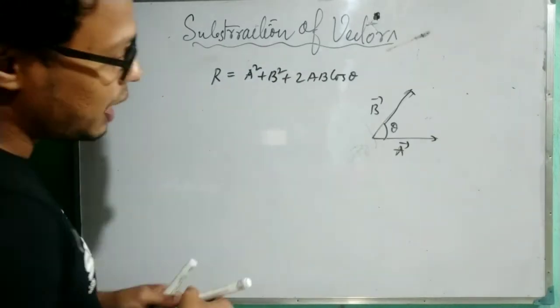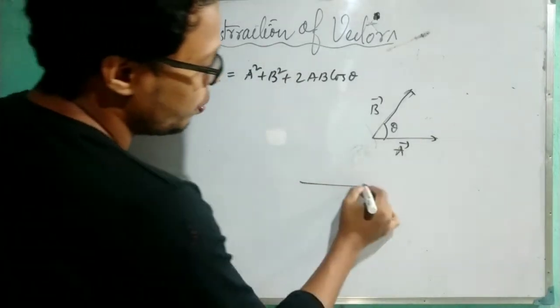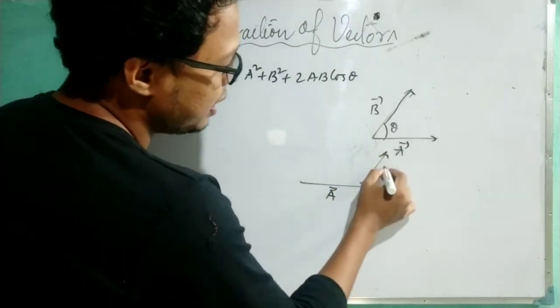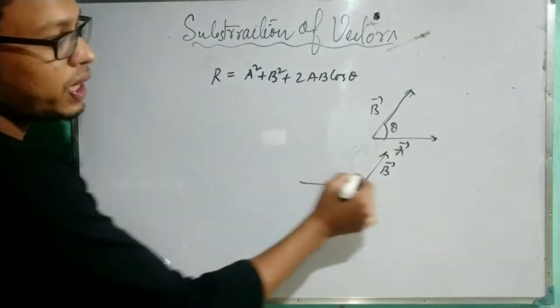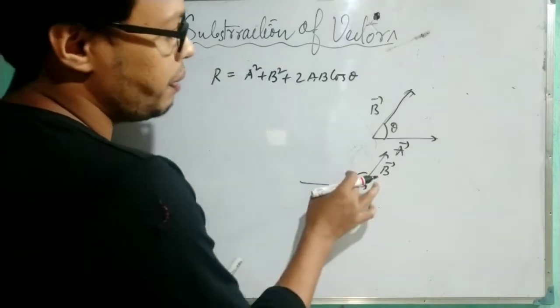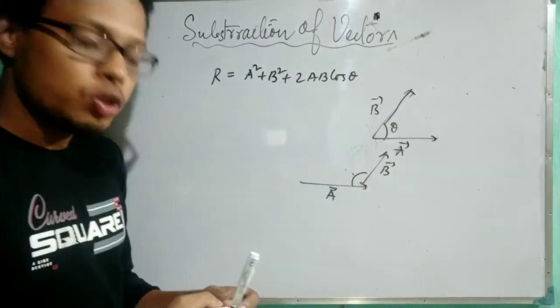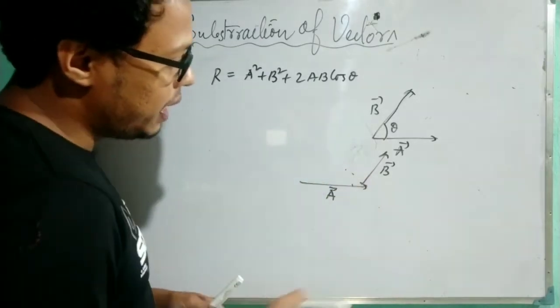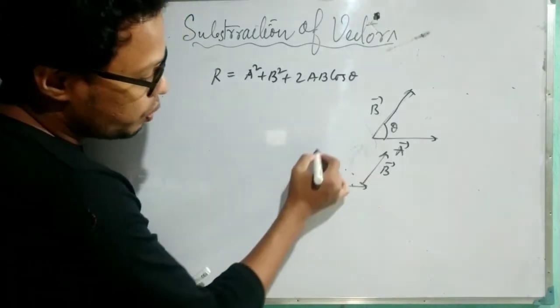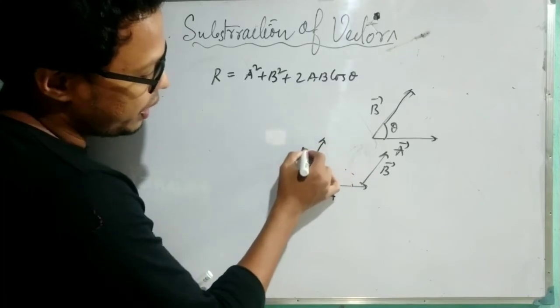But in case of subtraction, suppose these two vectors, A and B, are given. We can't take this angle as the angle between A and B. So how to measure? Look here, by parallel shifting we can draw the vector B over here.